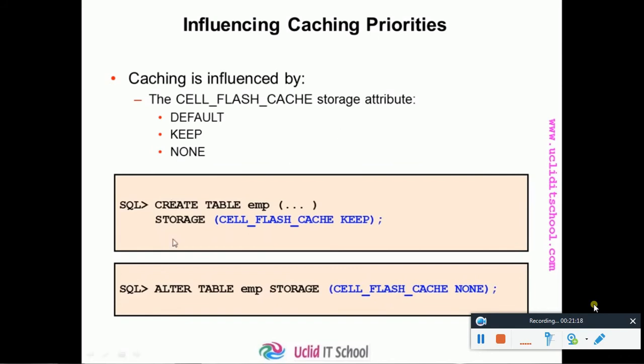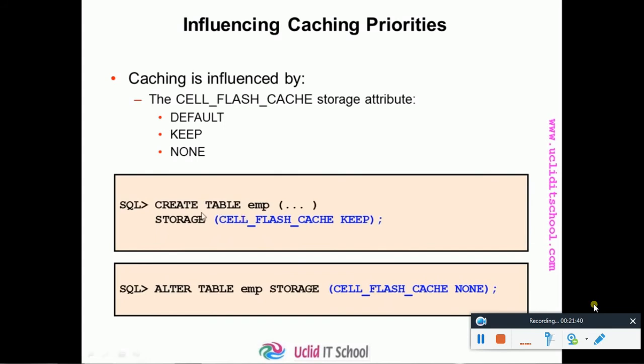This slide shows two examples. One is while creating the table, you can mention storage attributes and say cell flash cache keep.